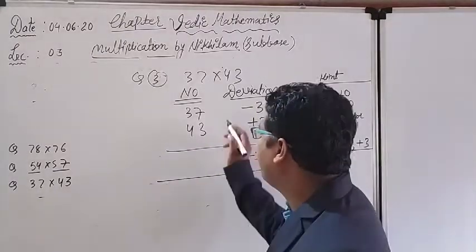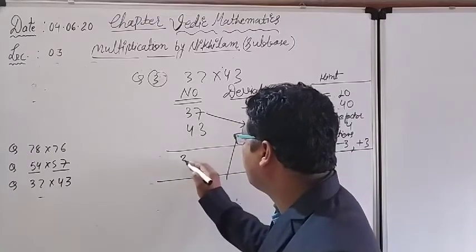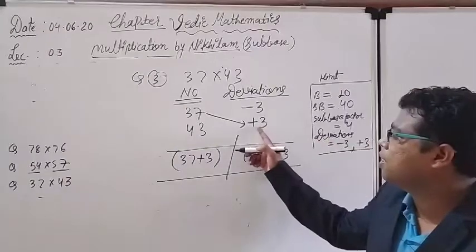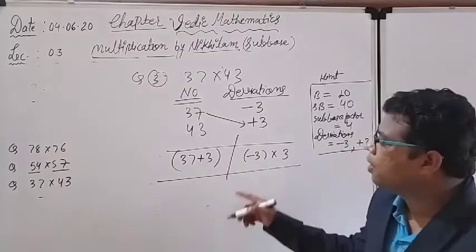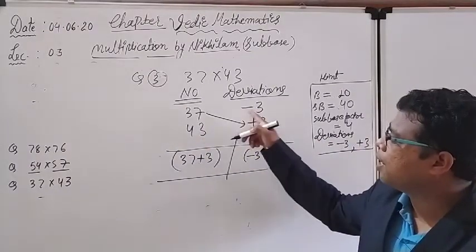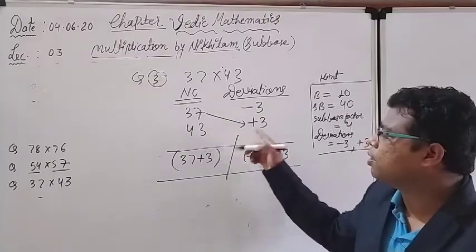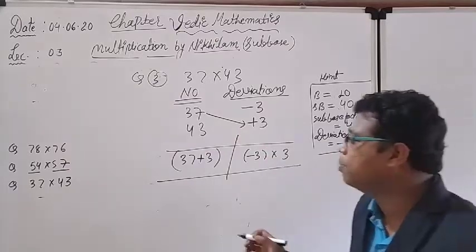On the left hand part, I have to go for the cross addition. Either I can select 37 plus 3, which gives me 40. In place of it, I can do 43 minus 3, which also gives me 40. You can check here.